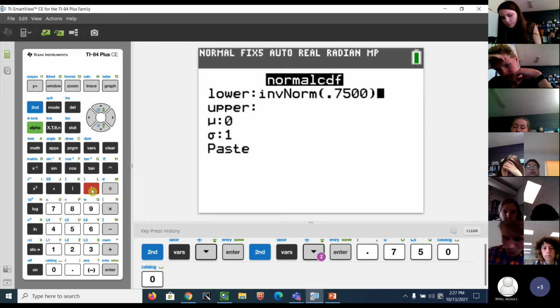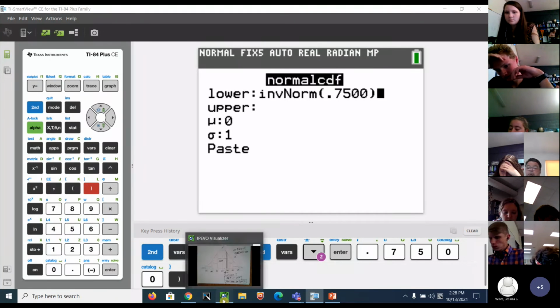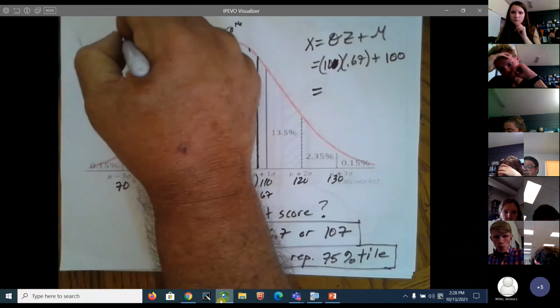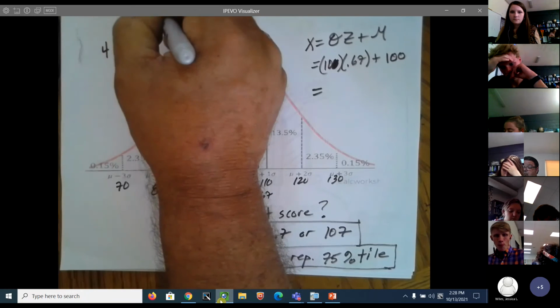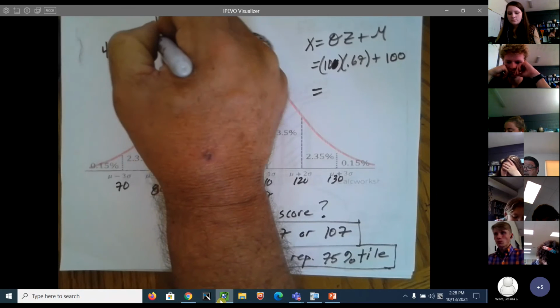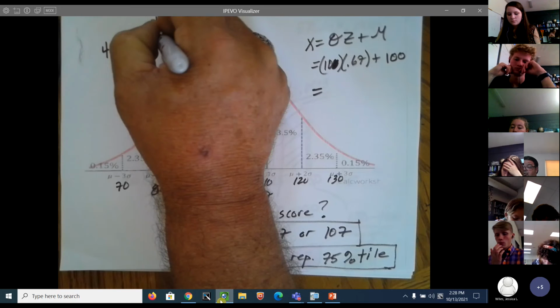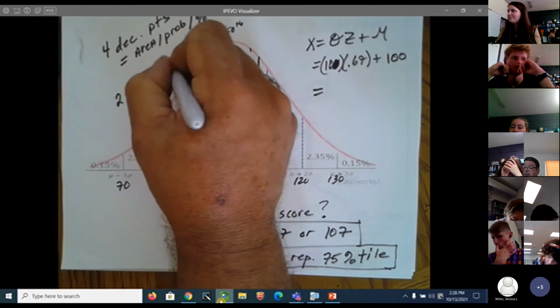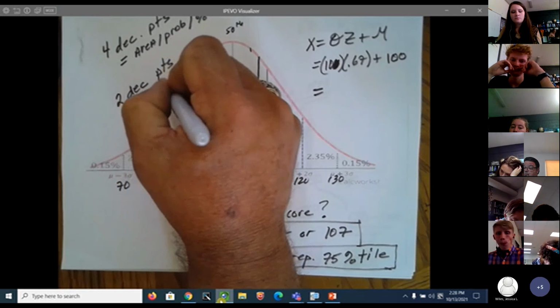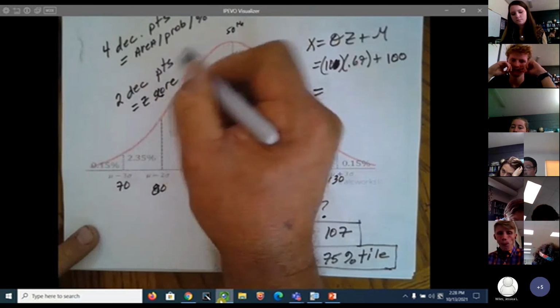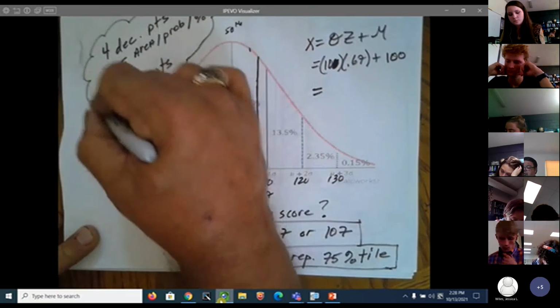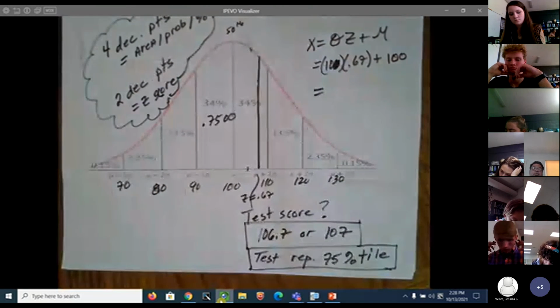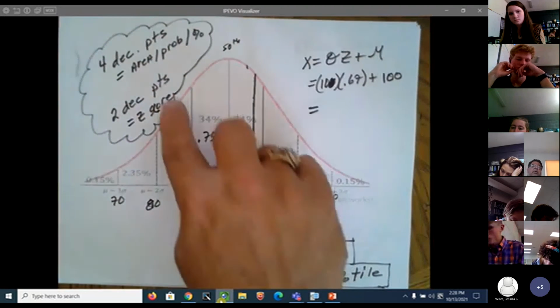Now, the reason I'm using 4 digits is because most of the time 4 decimal points equals area, probability, percent, and 2 decimal points is usually z-score. That's something I tell students whenever I teach this. I always try to let them know that 4 digits usually means area or probability.